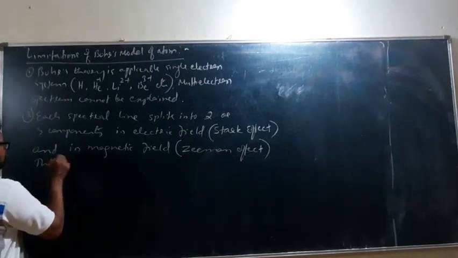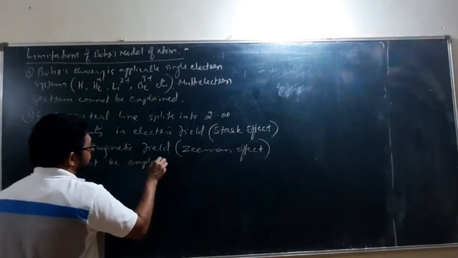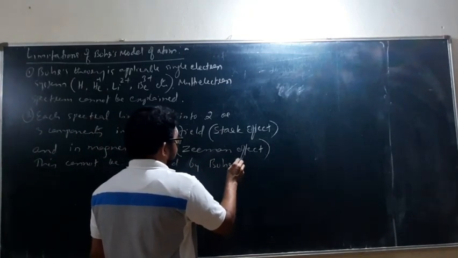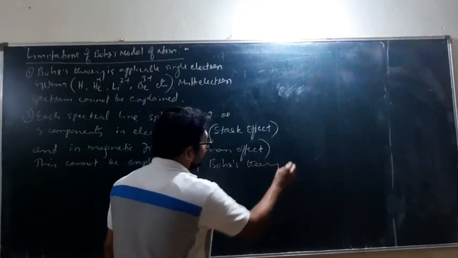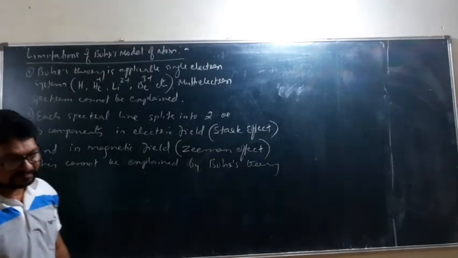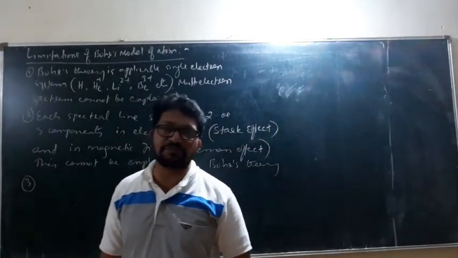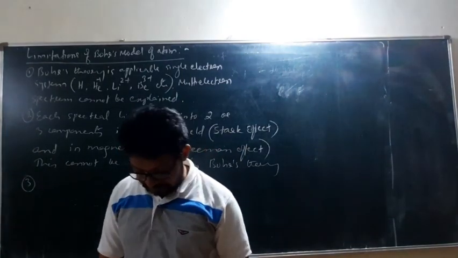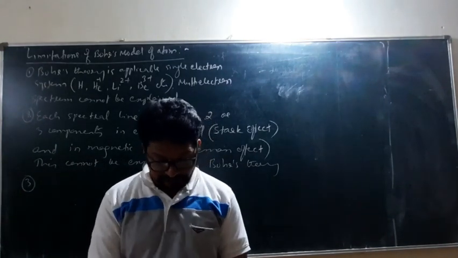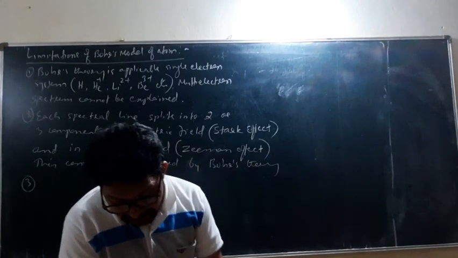This cannot be explained by Bohr's theory. Now one more point you can write like this: circular orbits predicted by Bohr are unstable. Elliptical orbits predominate.